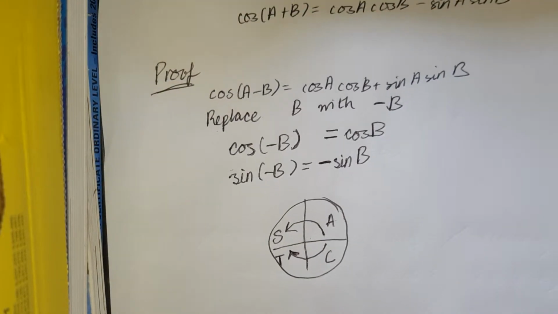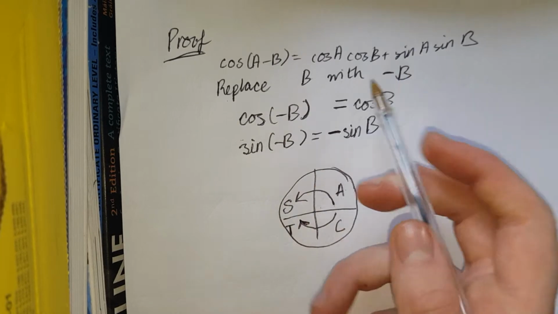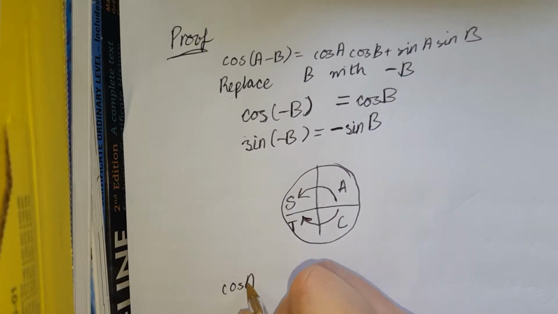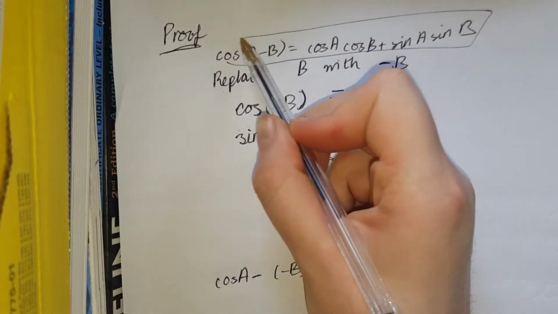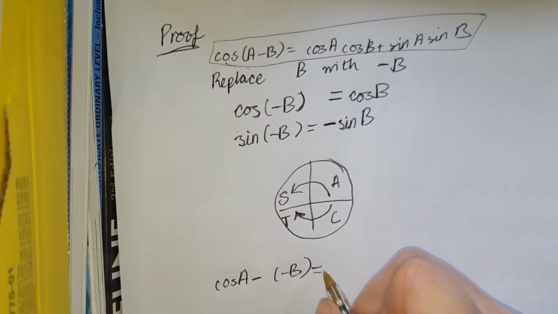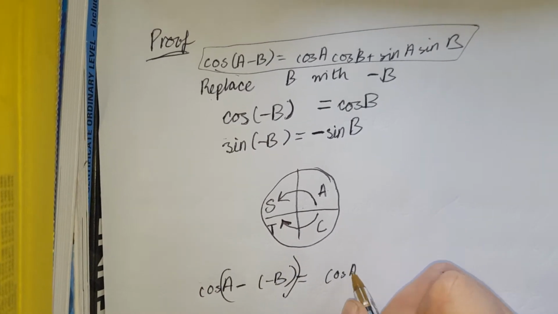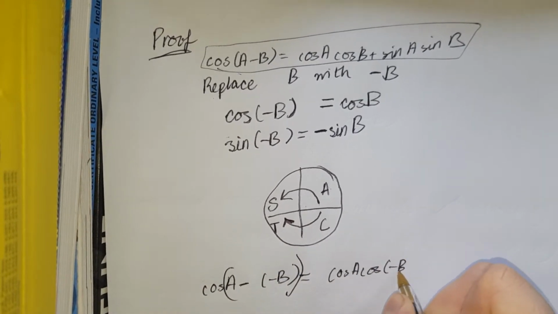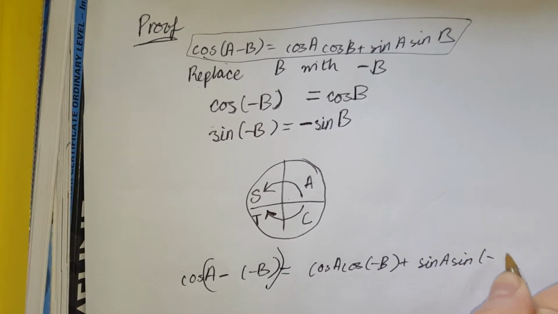So then I'm just going to replace B with minus B. So cos of (A minus minus B), replacing into this formula here, is equal to cos A cos(-B) plus sin A sin(-B).